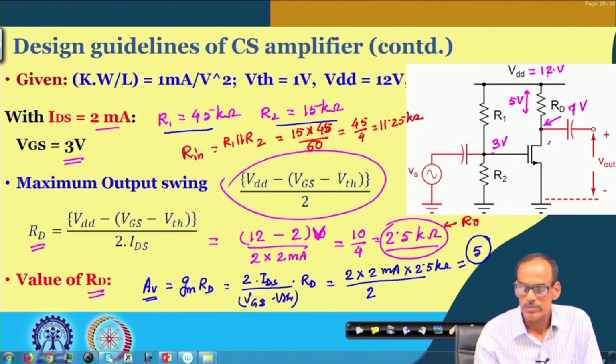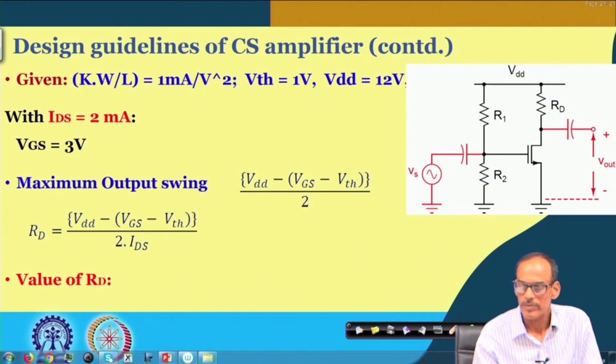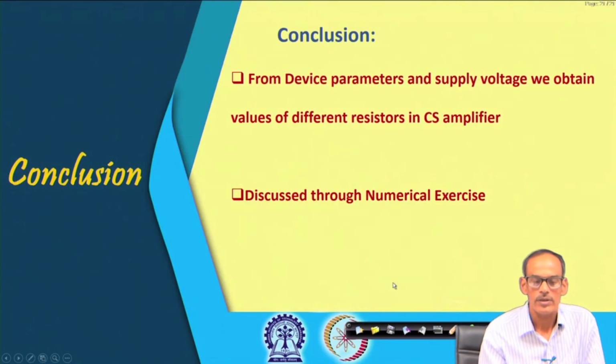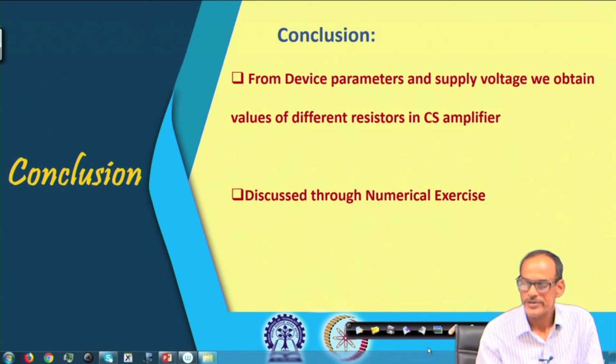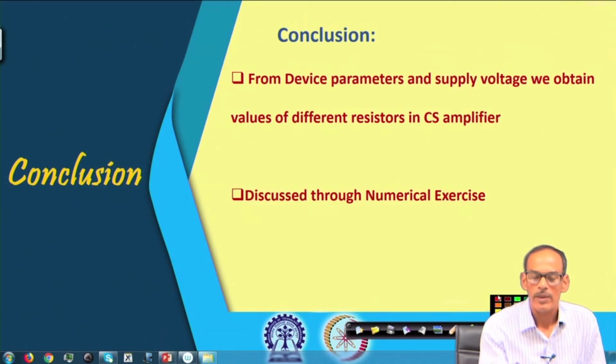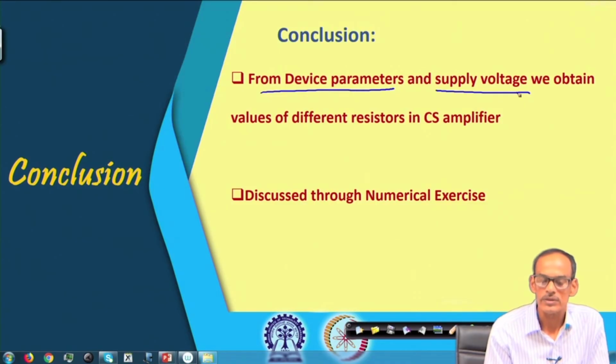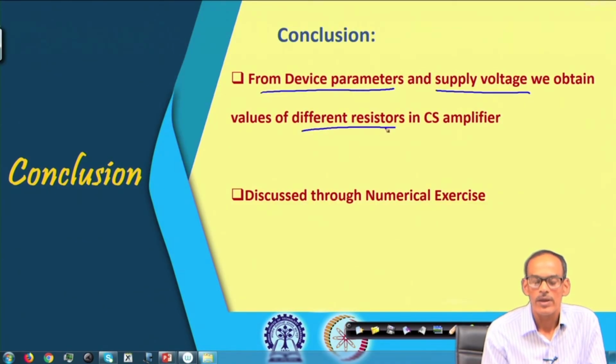So what are the things we have covered here? Basically from the device parameters and the supply voltage information, if we start with a meaningful current, then we can find the value of the different resistors.